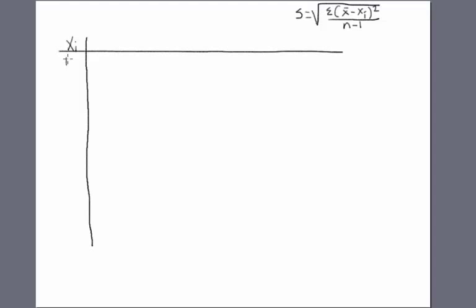So I'm going to have 18, and then 20, and then 20, and then 23, and then 23, and then 24, 24, 27, 33, and 36.